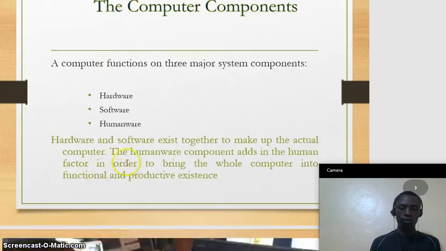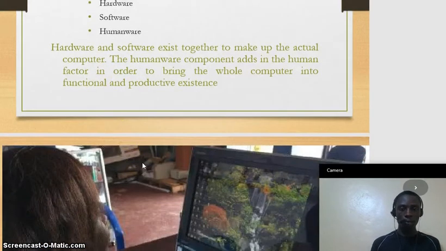So we're saying hardware and software exist together to make up the actual computer. The hardware components add in the human factor in order to bring the whole computer into a functional and productive existence.